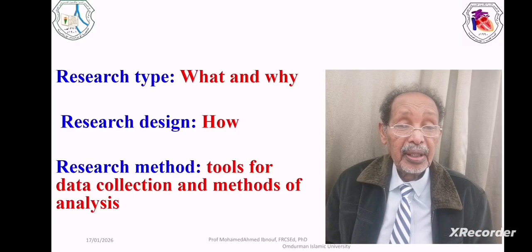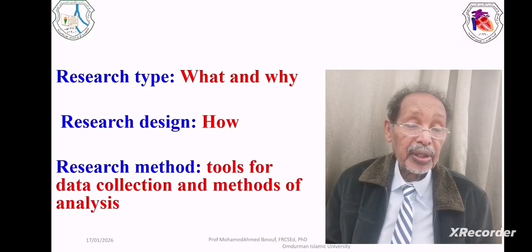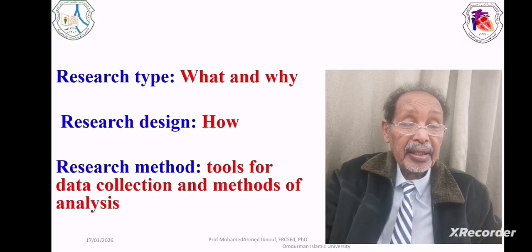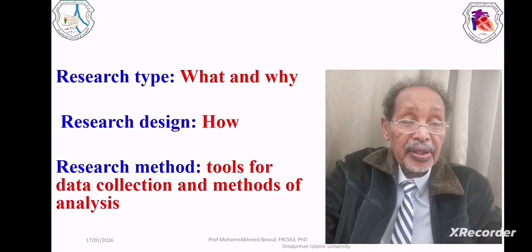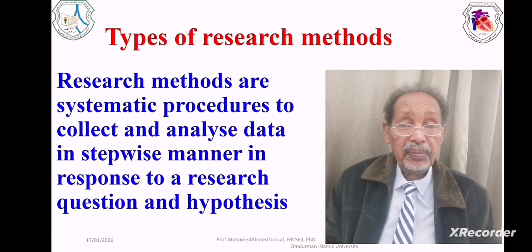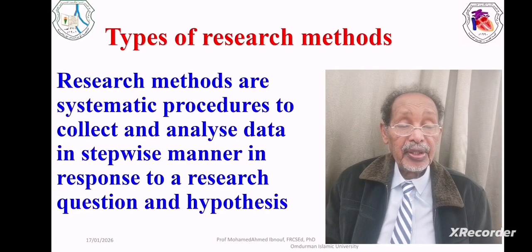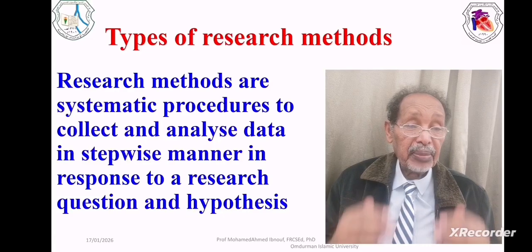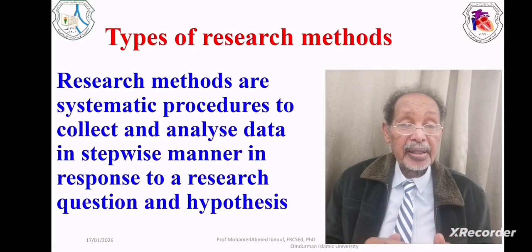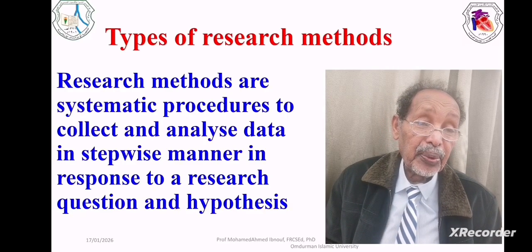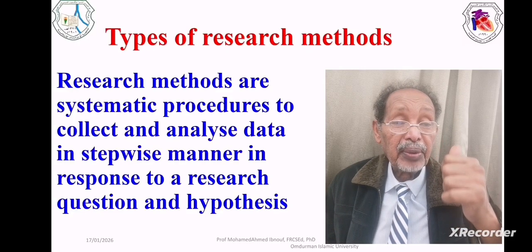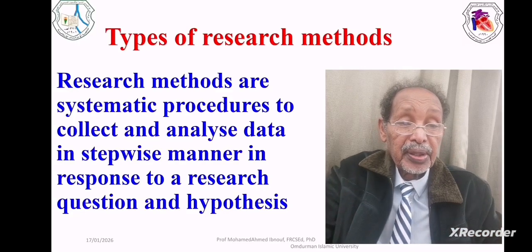And the method is the tools used for data collection and the methods used for data analysis. And these methods are usually systematic. They go stepwise, with very meticulous statistics, to reach an answer for the research question and the research hypothesis that I was speaking about in my previous videos.